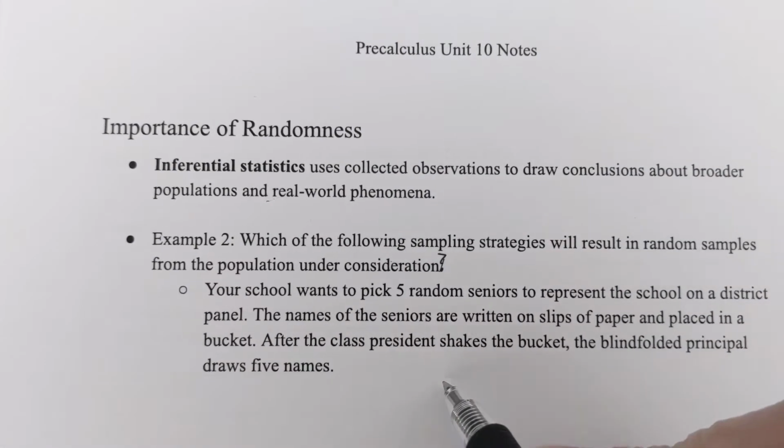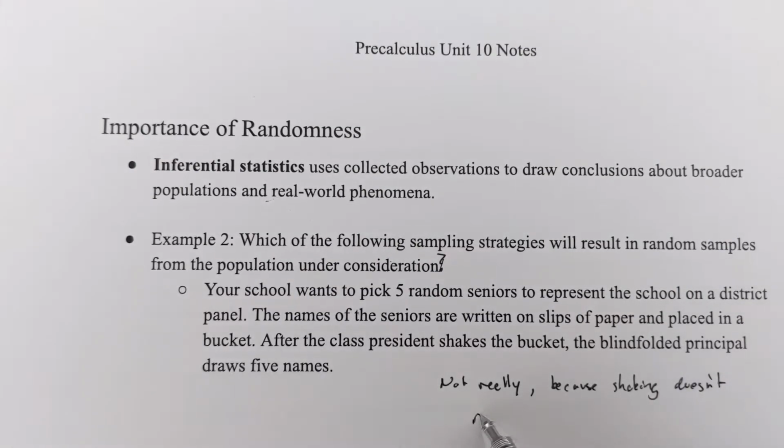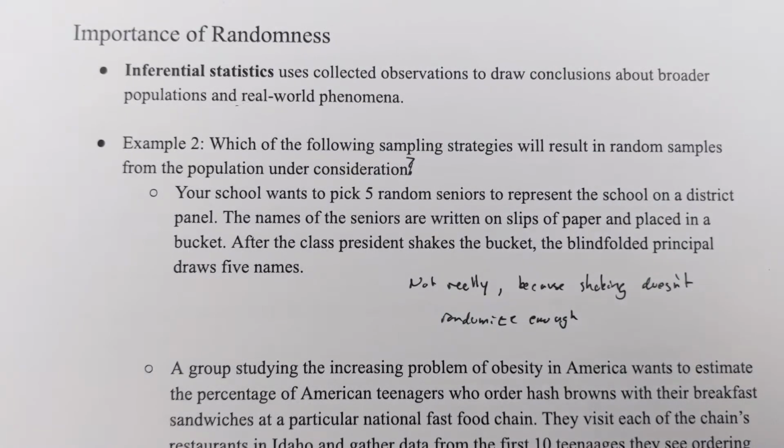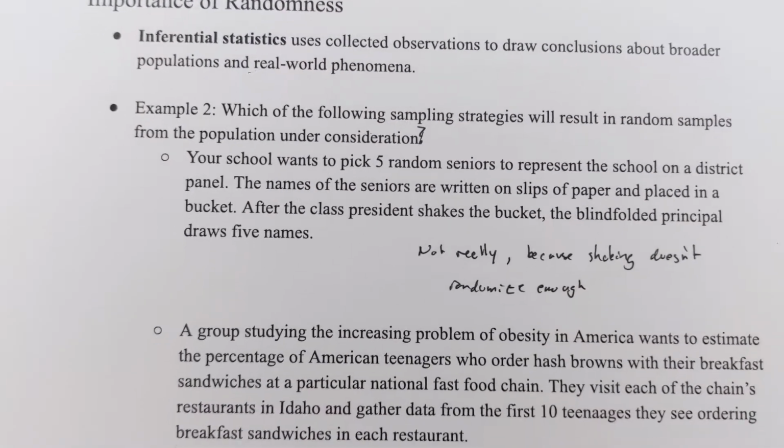This one is actually not really random, because the shaking doesn't really randomize. It doesn't mix it enough. So the people on the top are more likely to be drawn, or people who put their name in last are more likely to be drawn first.